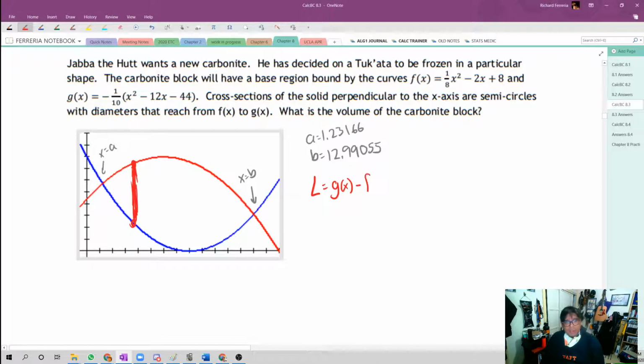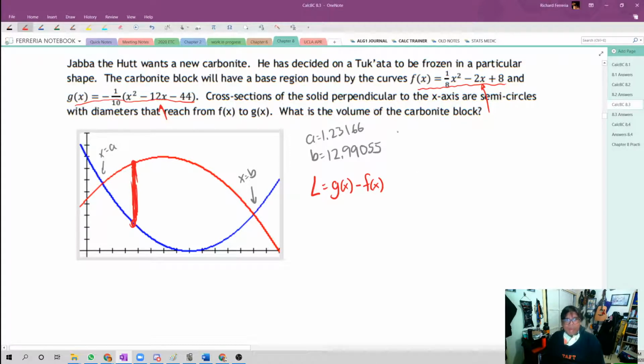So L is equal to g of x minus f of x. I don't need to write them because they are already in my question. Anytime I mean g of x, I mean this formula over here. This is the g of x formula, and this right here is the f of x formula.